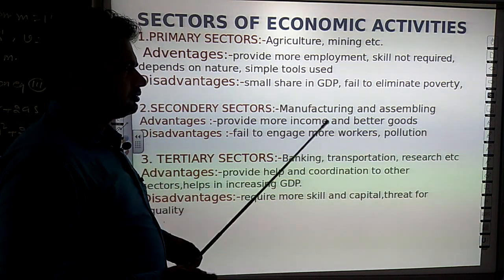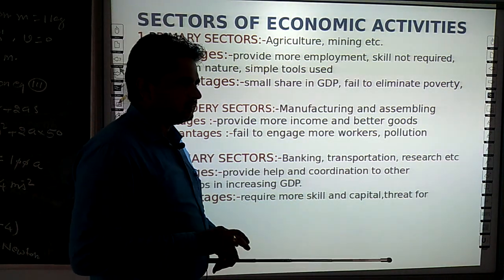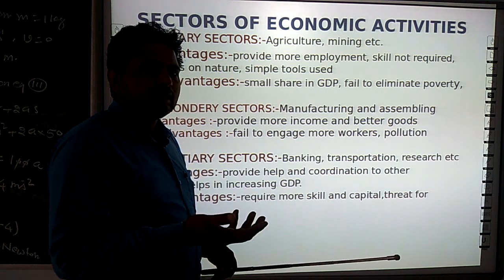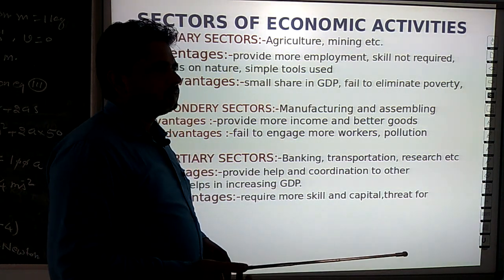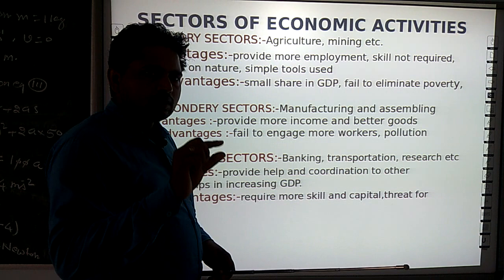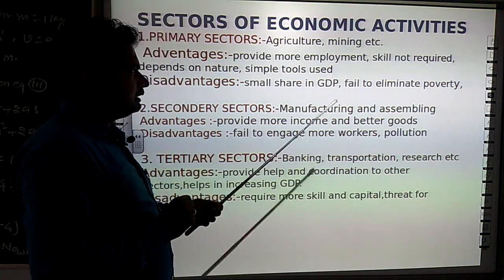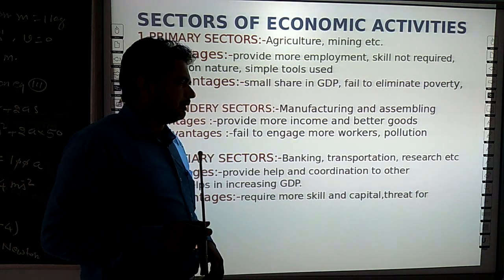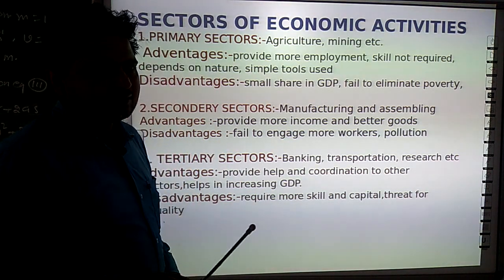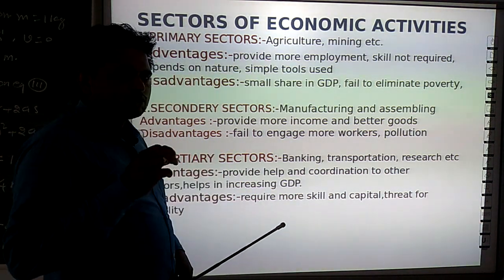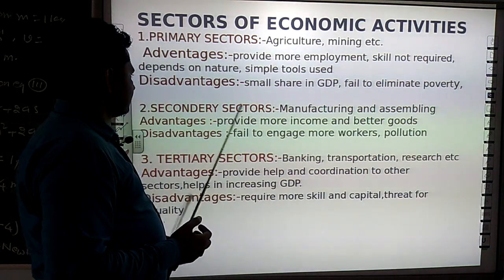So you find that in primary activities the person only sells wheat and books a very small portion of profit. Even it fails in eliminating poverty, as the earning in this sector is quite low.